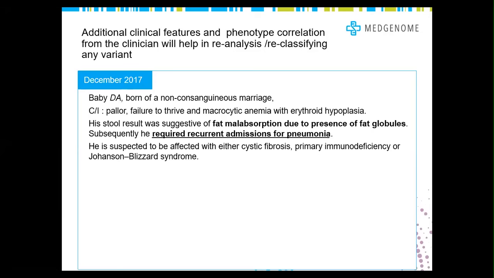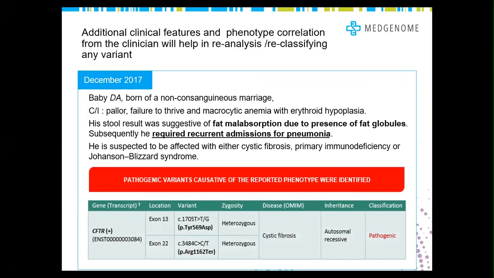Now this patient presented with fat malabsorption and recurrent admissions for pneumonia. And the second clinician gave a differential diagnosis of cystic fibrosis or primary immunodeficiency. So you can see that based on the clinical phenotype, two different clinicians will obviously give different clinical diagnoses to the lab.